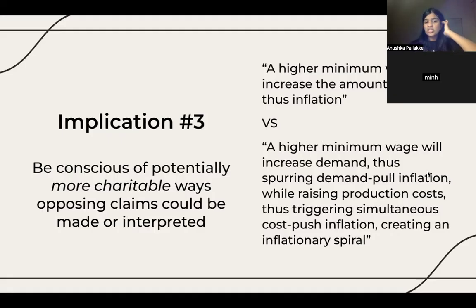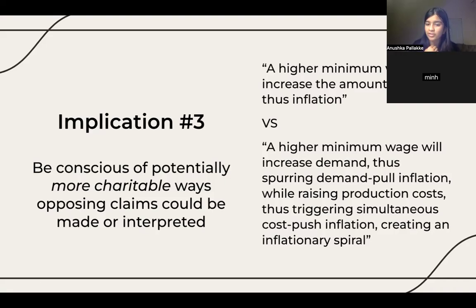And the third implication is that you're always going to be conscious of potentially more charitable ways opposing claims could be made or interpreted. So you always want to think about what the other charitable ways are that you can make your opponent's claims, and use that to respond. For example, you can say a higher minimum wage will increase the amount of money, thus inflation. On the other hand, you can really expand this argument and say a higher minimum wage will increase demand, thus spurring demand-pull inflation while raising production costs.